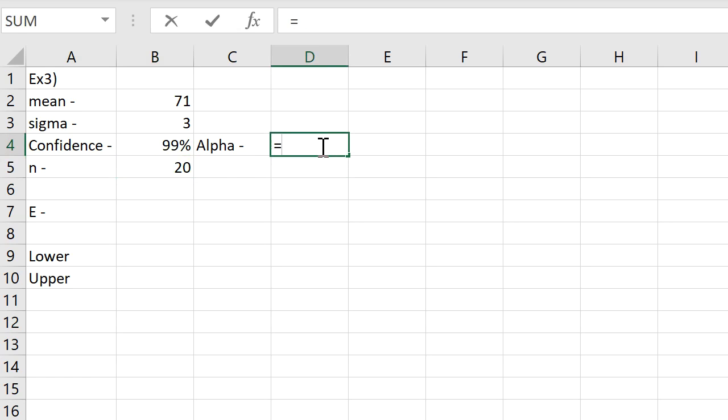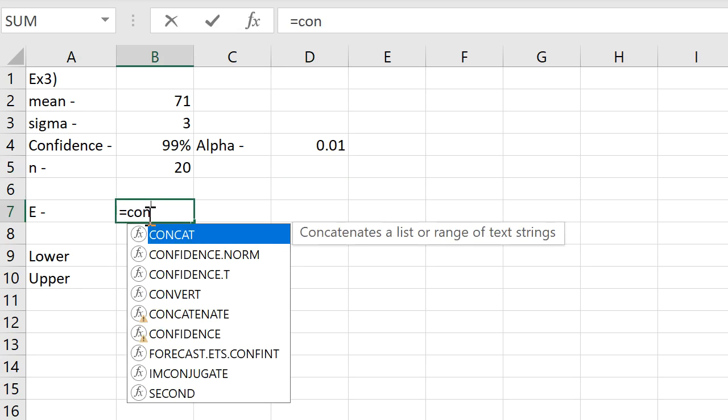So real quick, our alpha, remember, is just 1 minus our confidence. So it's going to be 1 minus 0.99, so our alpha is going to be 0.01. All right, so let's go ahead and get our margin of error.